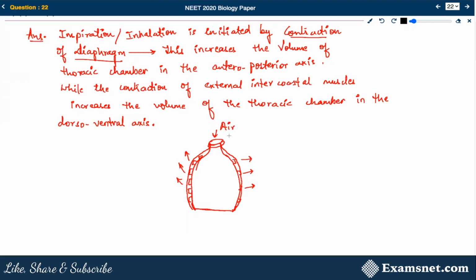Air will enter from here, and the diaphragm will go down. So these are rib cage muscles, and these are the diaphragm muscles.